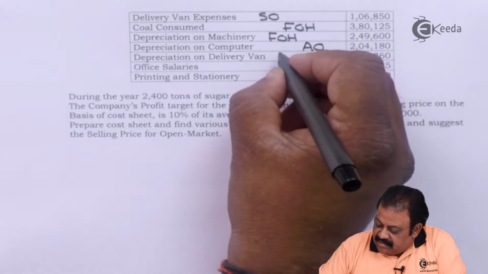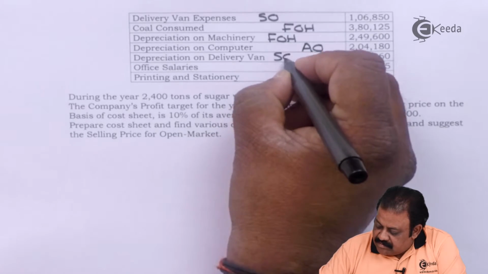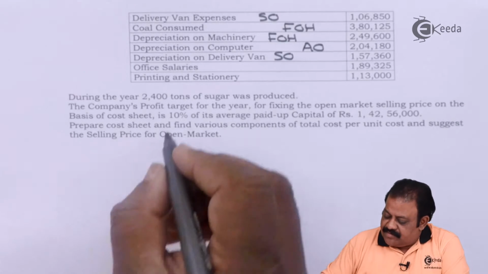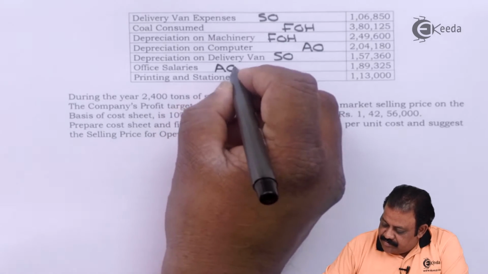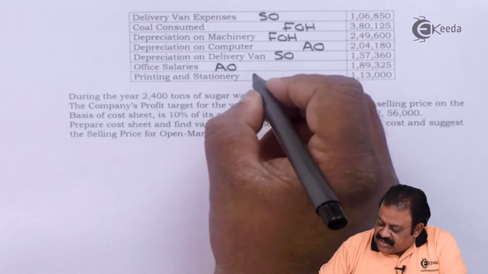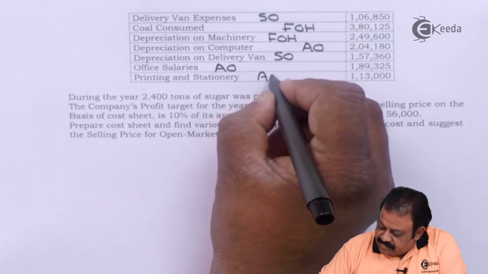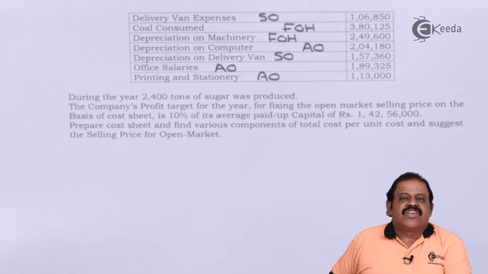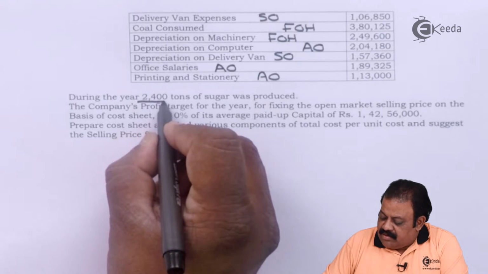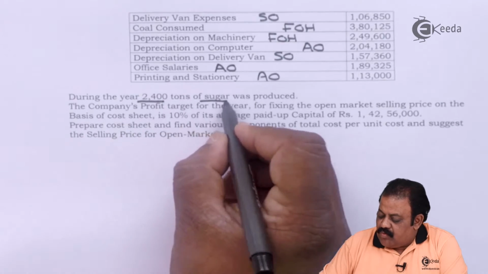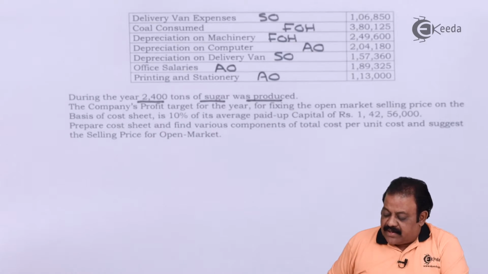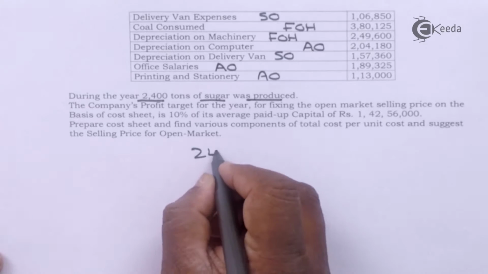Depreciation on delivery van, selling overheads. Office salaries, administration overheads. Printing and stationery, administration overheads. During the year 2400 tons of sugar was produced. So total output is 2400 tons.